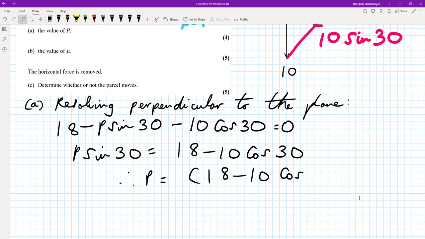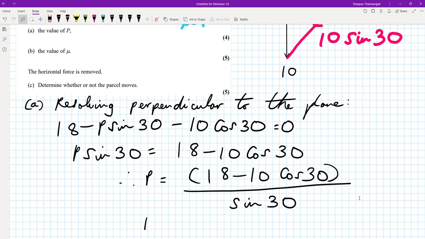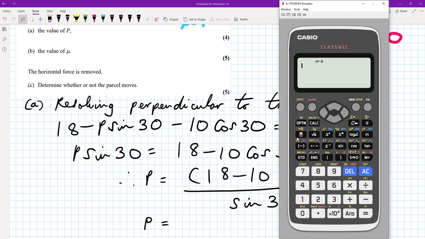10 cos 30 over sine 30. So we can now get our calculator and type that in.